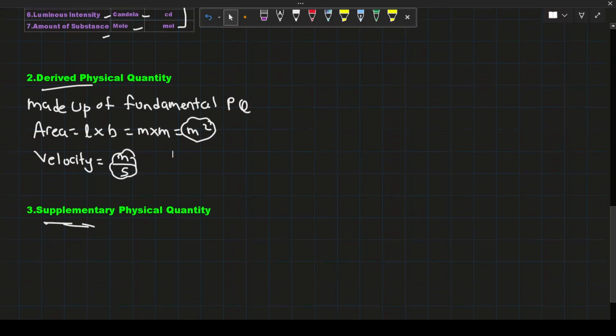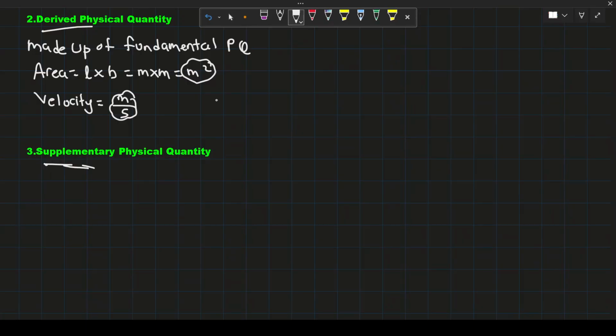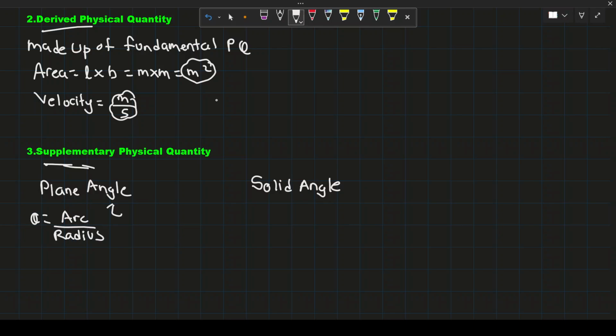And last but not least is supplementary physical quantity, which includes two. One being your plane angle and the other being your solid angle. Theta is basically your arc upon radius. Plane angle has a unit called radian, whereas solid angle has a unit called steradian.